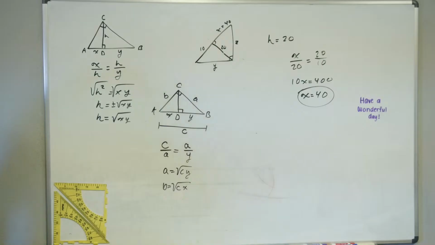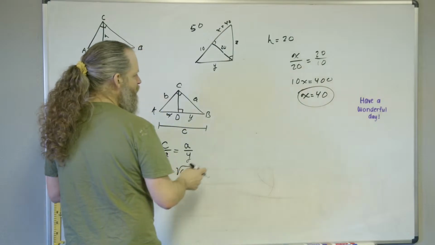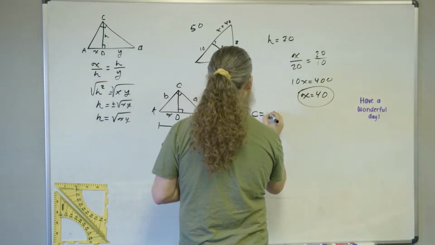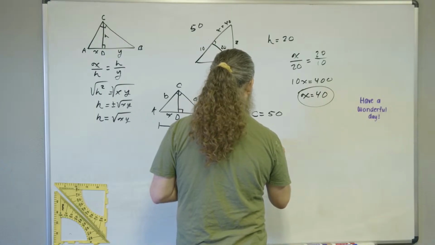How do we get the big chunk? We've got to do a little math. 10 plus x, and x is 40, so it's 50. So with these letters, C equals 50. So we're going to have some sort of fraction with a 50 here.